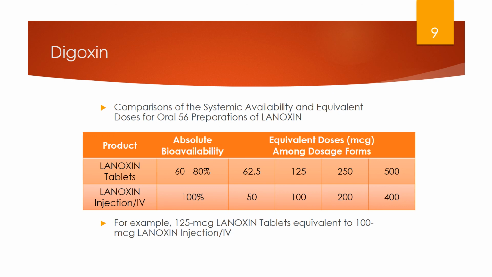The Lanoxin injection, which is given intravenously, has an absolute bioavailability of 100%, with equivalent doses of 50, 100, 200 and 400 mcg. For example, a 125 mcg Lanoxin tablet is equivalent to a 100 mcg Lanoxin injection IV, because the injection has high bioavailability of 100%, and the tablet has 60 to 80% bioavailability.